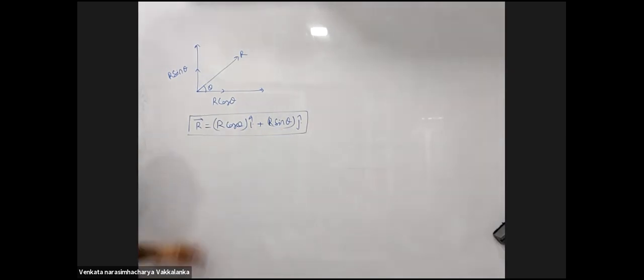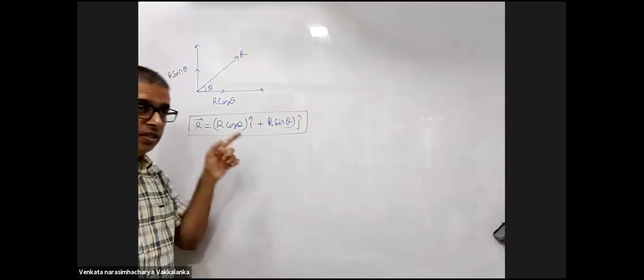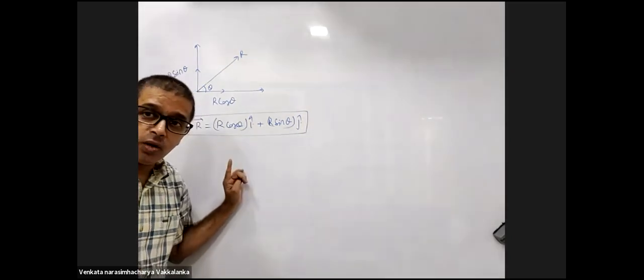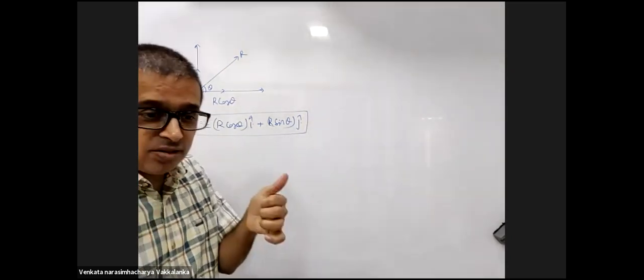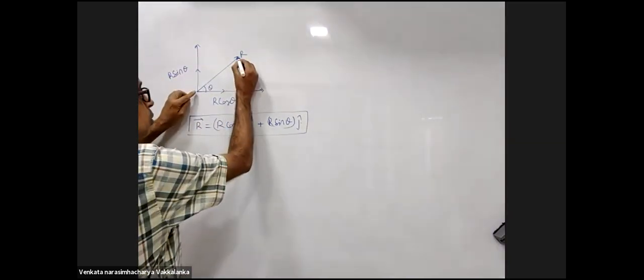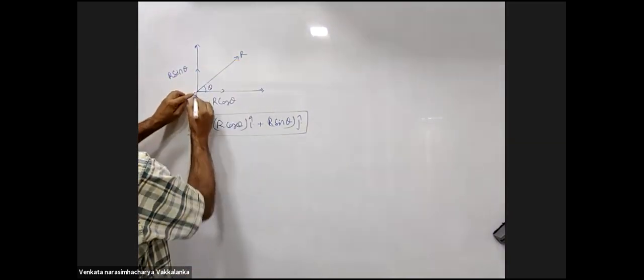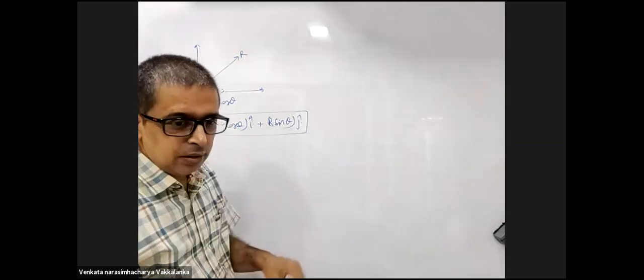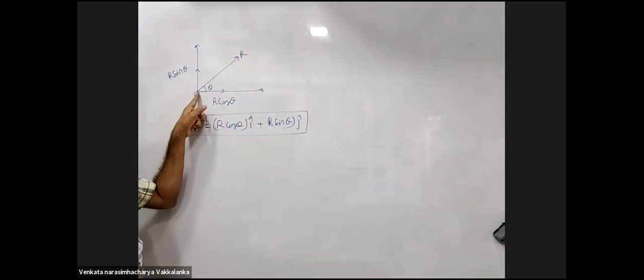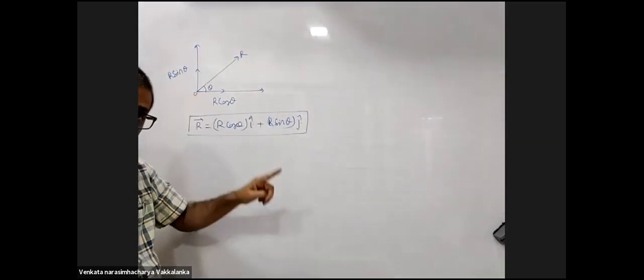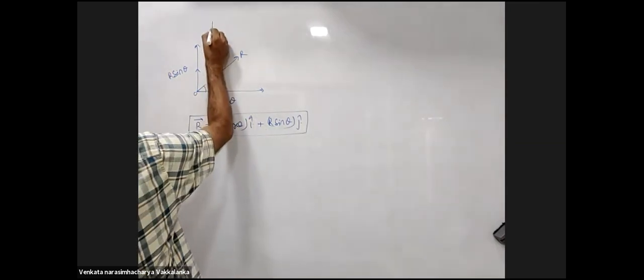Right? The advantage of writing this is that it is called a position coordinate, representing this as a position vector: the position of the head of the vector with respect to the tail. This is called a position vector.